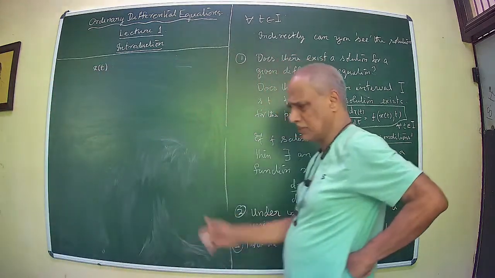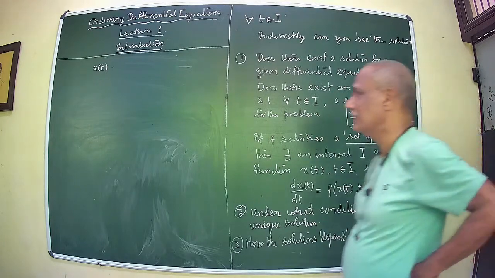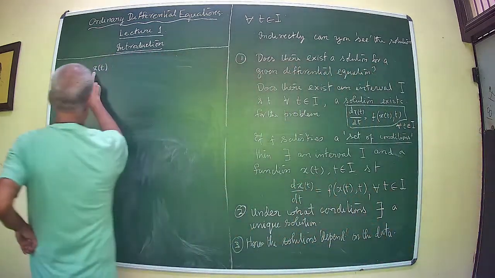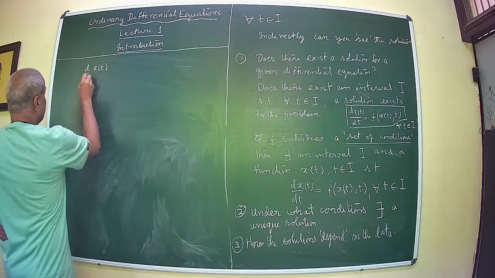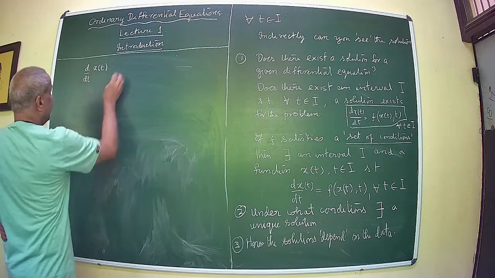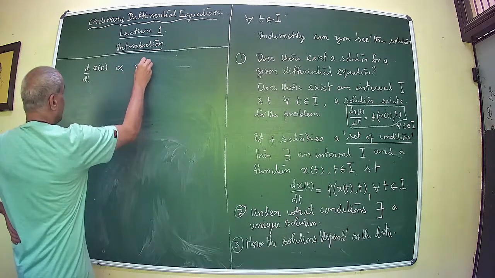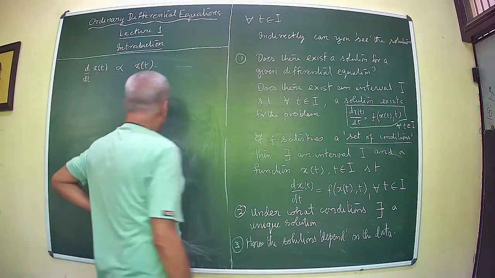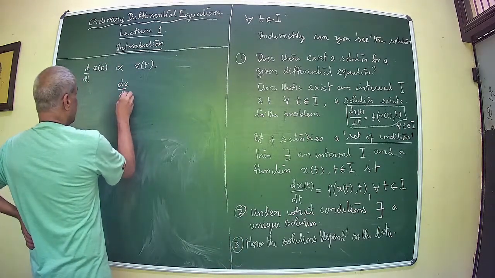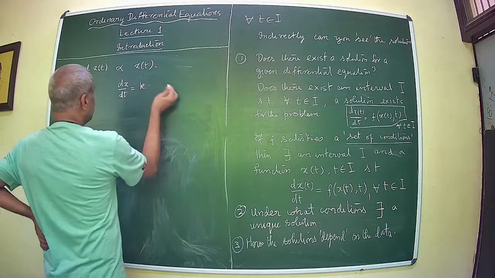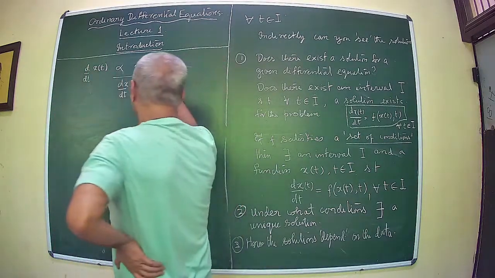It's a very simple elementary model which is far from reality. So suppose x(t) is the population at time t, then you are asking that dx/dt is proportional to x(t), or dx/dt equals k times x. This is the equation that you have to solve.